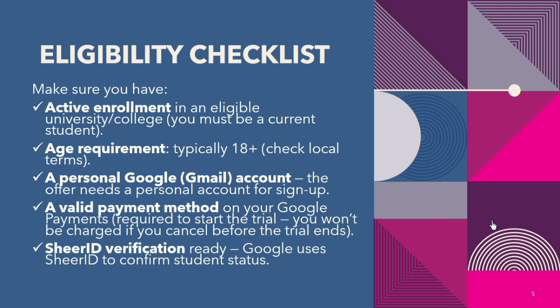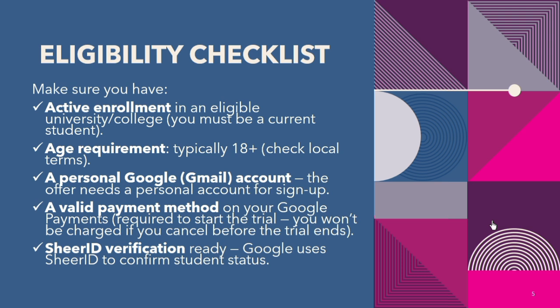If you don't have a Gmail account, maybe you are using Yahoo or other emails like Outlook, you are not going to get this Gemini AI, because Gemini is connected to a Gmail account. So you need a personal Google account, not necessarily your student account that is provided by your university. So you need a personal Gmail account. If you don't have one, you can easily sign up and get it. It's free. It's always free.